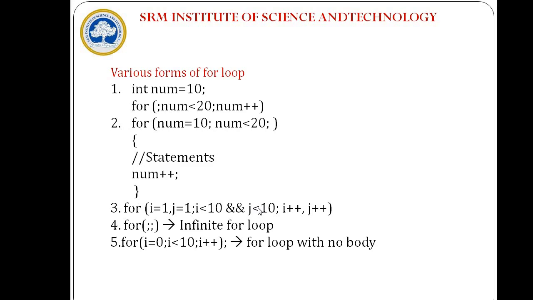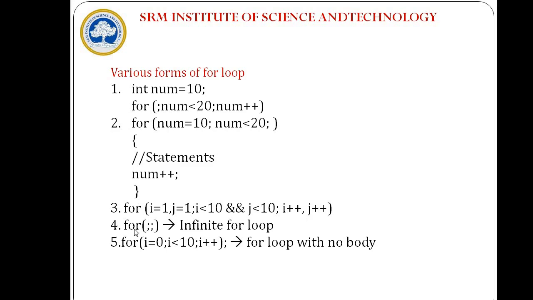You can also combine two different conditions to make a complex condition like this. And you can also have the increment and decrement operators in a single expression, where the loop control variables i and j are separated by the comma operator.